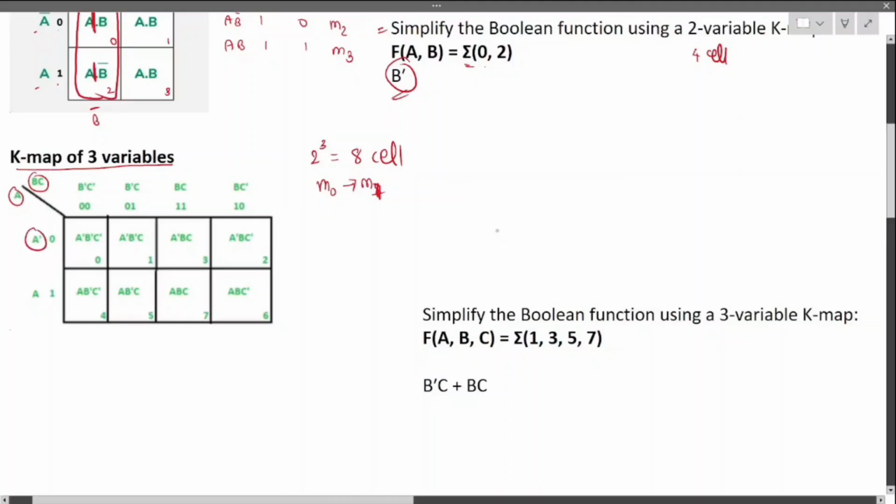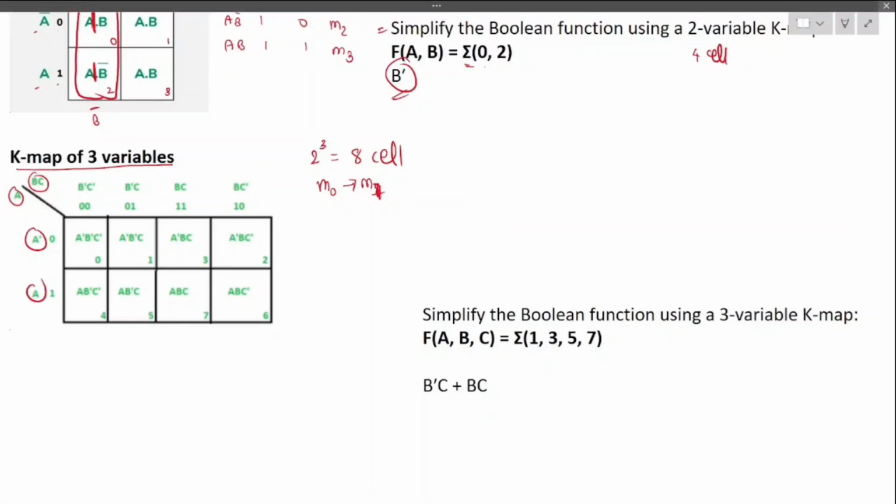A bar, A. You need to write in this manner, one pattern is there: 0, 1, 2, 3. And what are the next ones? 4, 5, 6, 7. You need to write in this format.